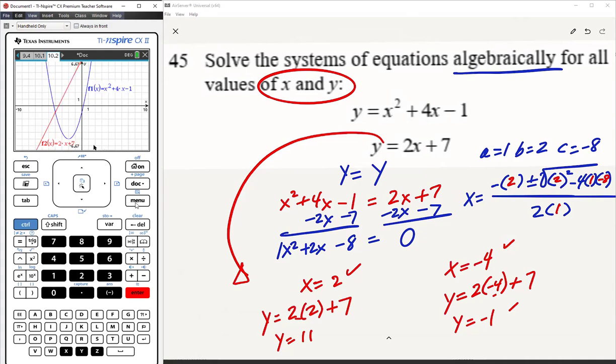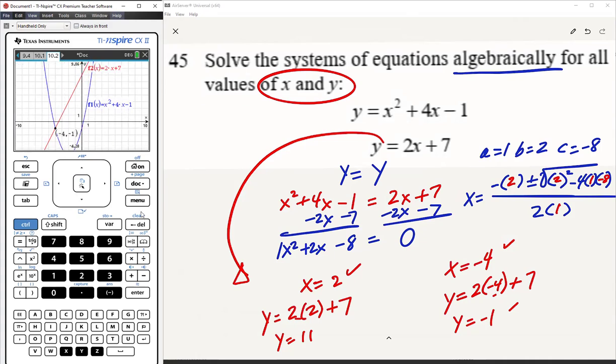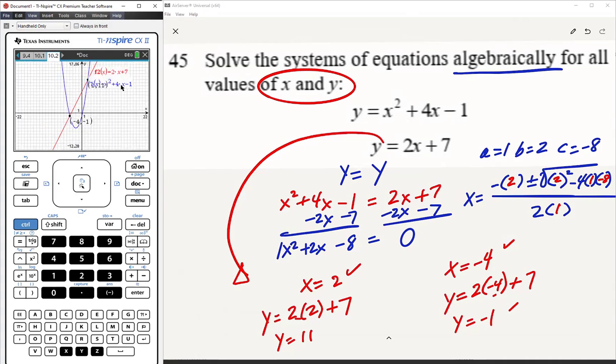Now I'm going to do menu 64, and here is one intersection, negative 4, negative 1. Then I'm going to do menu 64 again, start on the right and drag it until I see the word intersection. And there's the second one. Let me move this out of the way. So our two points are (-4, -1) and (2, 11), which is what we have.